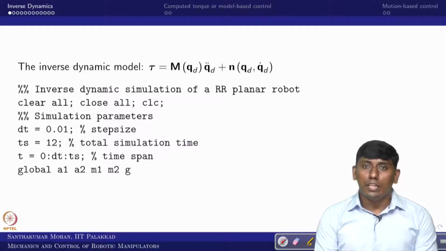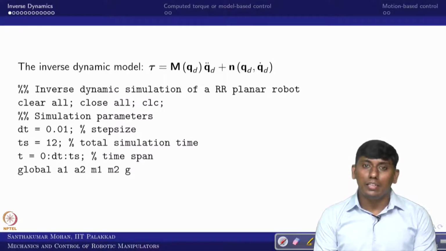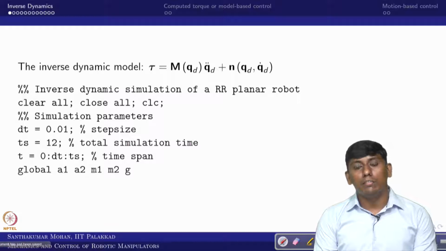For that we are writing a MATLAB code, which is nothing but the inverse dynamic simulation of an RR serial planar robot. Here we assume certain variables are global. In the kinematic control class we saw L1 and L2 as global, which we can use in some of the sub functions.